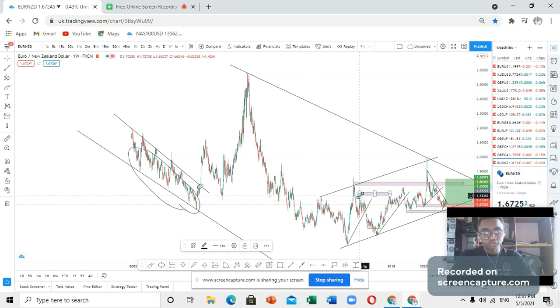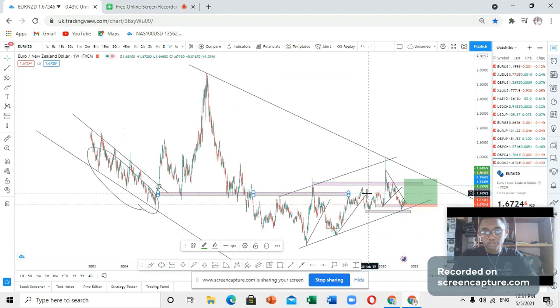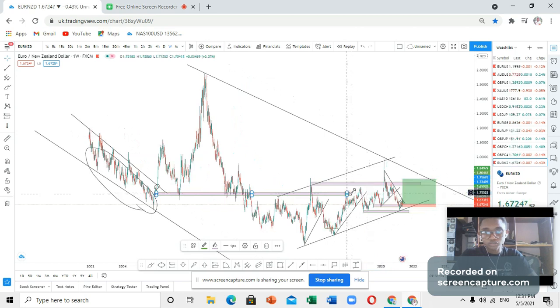If I can drag that, you see that it has acted as a point of resistance. It has also acted as a point of support several times. You can see that the markets are still playing in between this point here, where they have been having several touches, and then the markets have been moving to the downside.